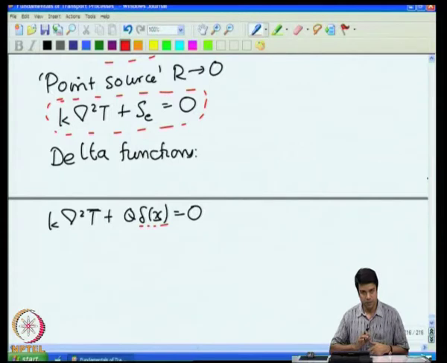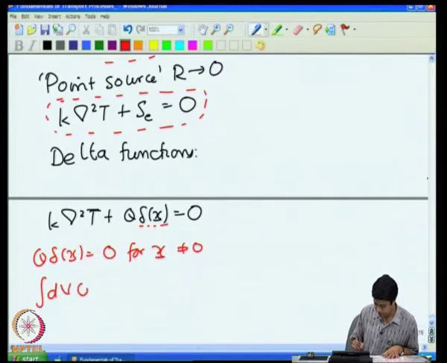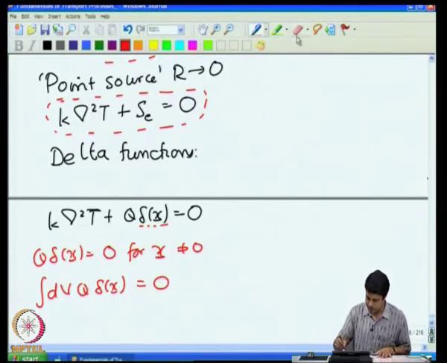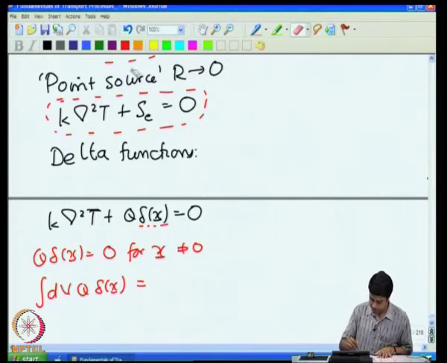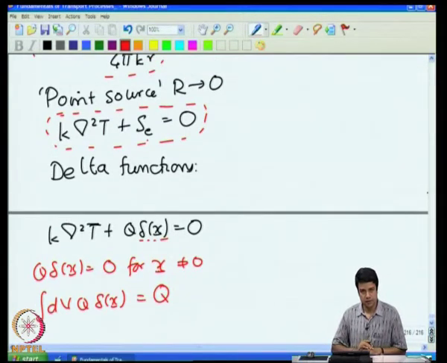In other words, delta of x is equal to 0 for x not equal to 0, and the integral over the entire volume of Q delta of x has to be equal to Q. So, if I can do this representation, then I can solve this equation and get this temperature field.